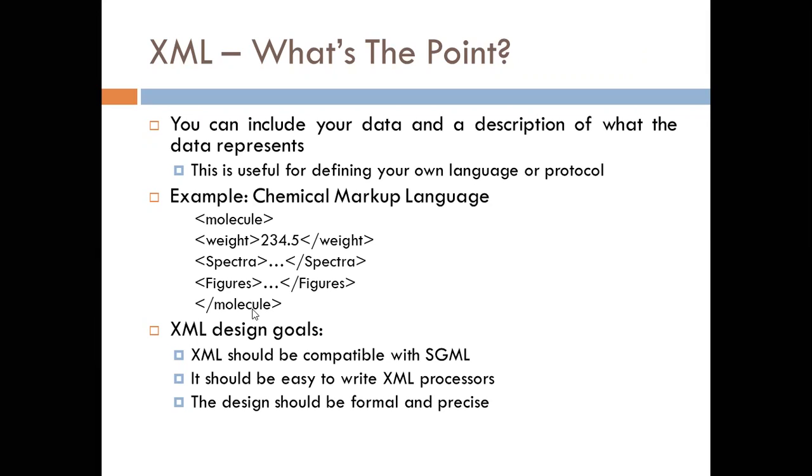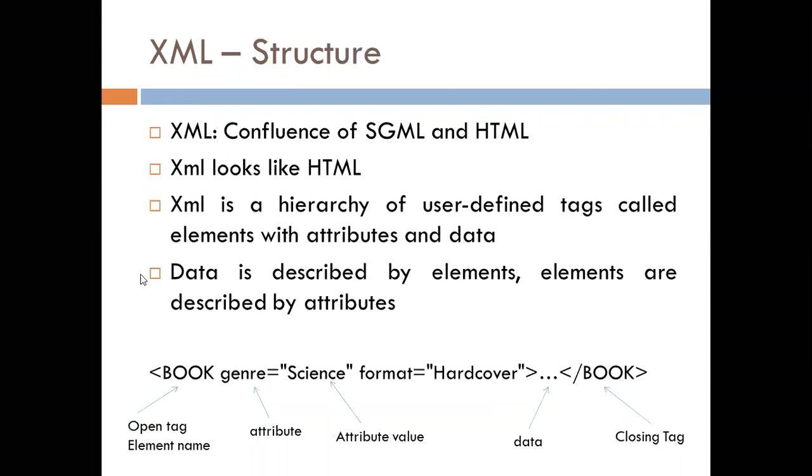Both human and machine readable formats were the main reason why XML was introduced. XML is an amalgamation of SGML and HTML. XML looks like HTML. XML follows the hierarchy of user-defined tags with attributes and data.